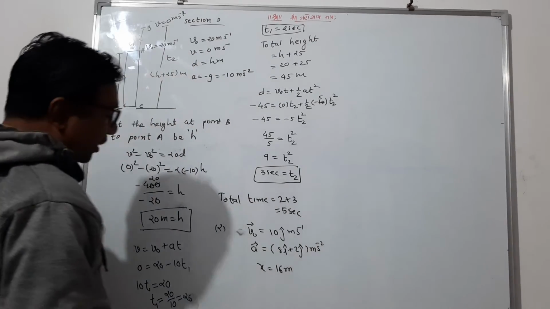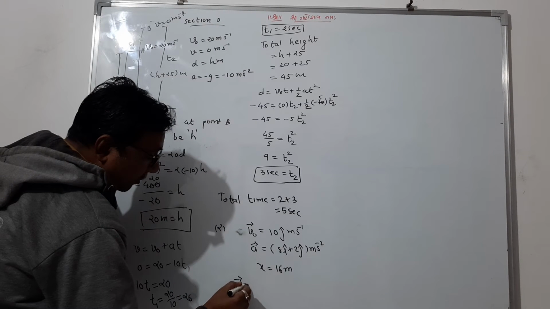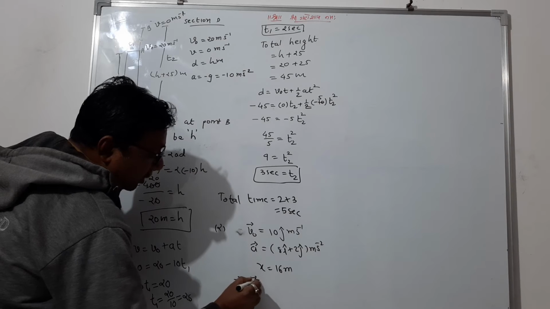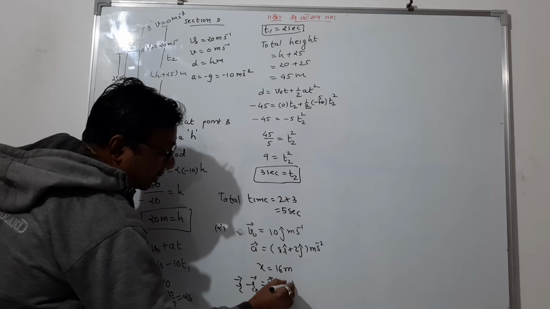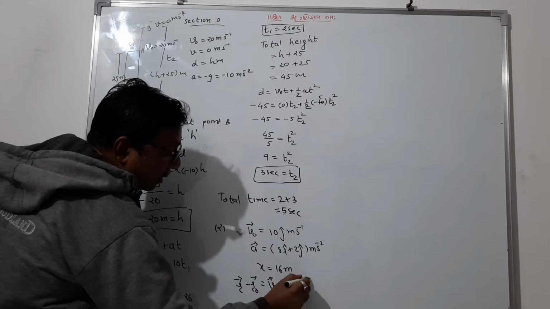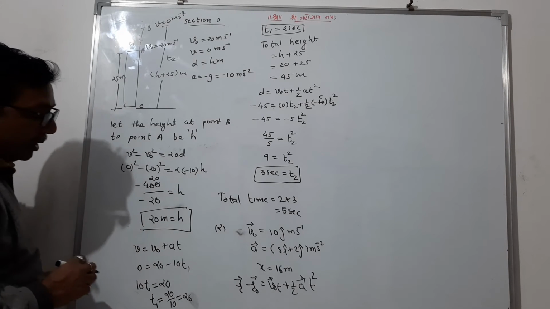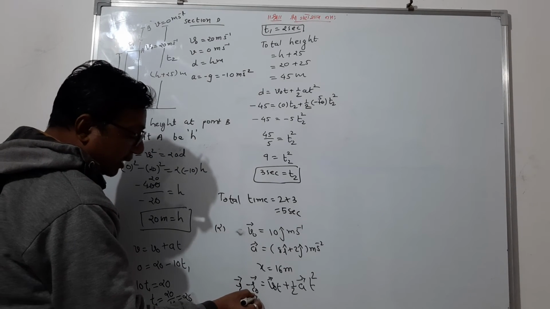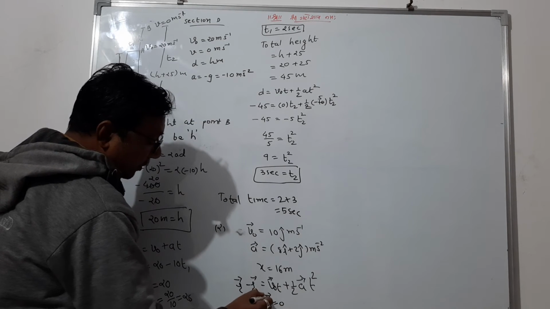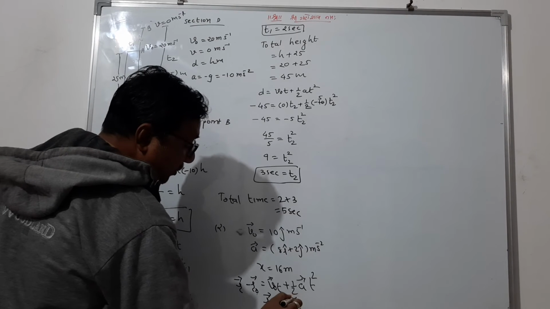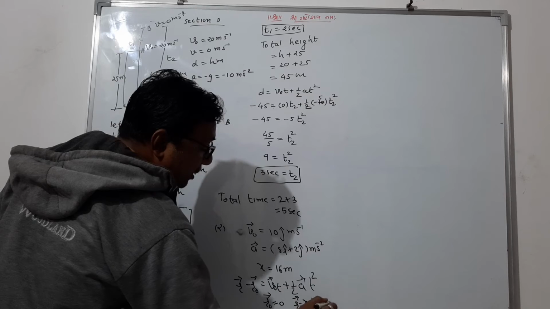So first of all, its formula is r minus r0 is equal to v0t plus 1 half at square. This is your formula. So it starts from origin, so r0 is equal to 0. That means r is equal to xi plus yj.